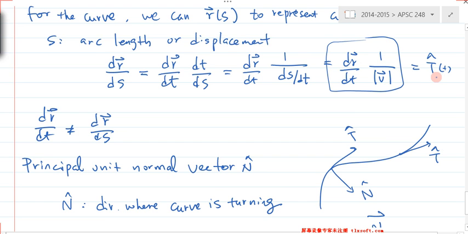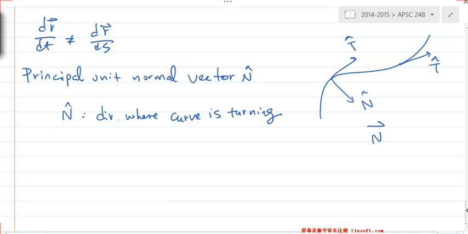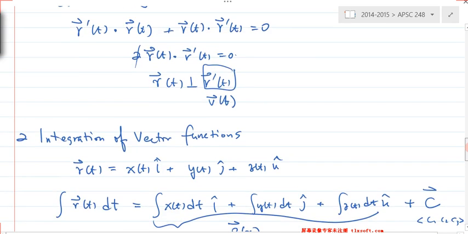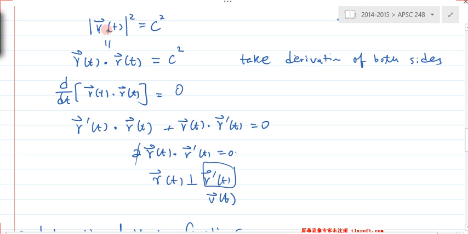So let's do this. We're starting from this t hat. Remember what t hat is? That's a unit tangent vector. Unit tangent vector means the magnitude is equal to 1, so it's a constant. As the example shows here, when a vector has a constant magnitude, the derivative of the vector is perpendicular to itself.